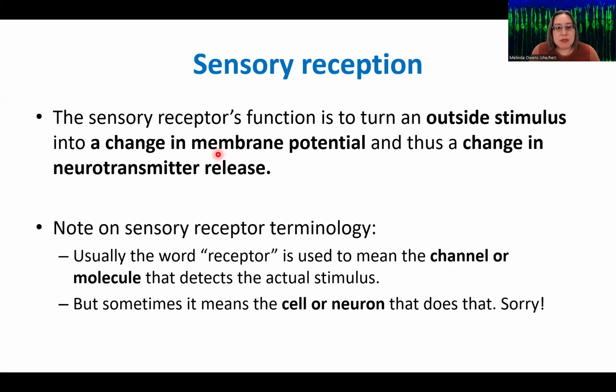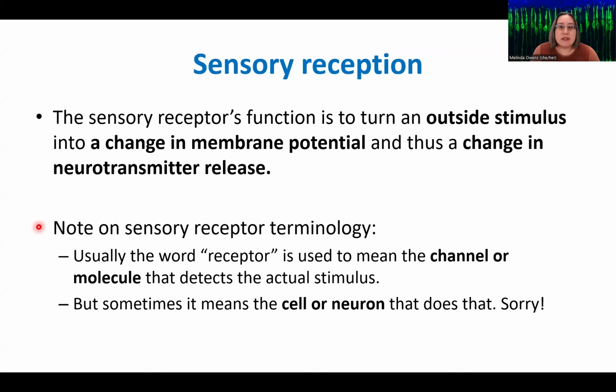This sensory receptor terminology, I want to do a note for it. It's different for different senses. So usually the word receptor, that's a word we've heard a lot. It means like the channel or the molecule that detects the stimulus. So like a GPCR, R is a receptor, or an AMPAR, right?